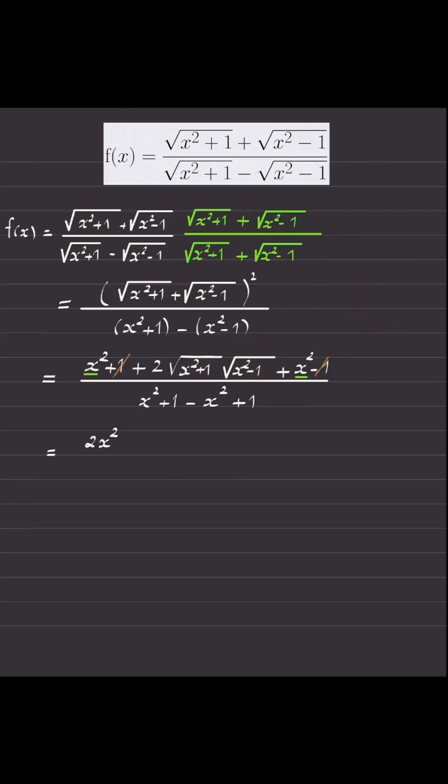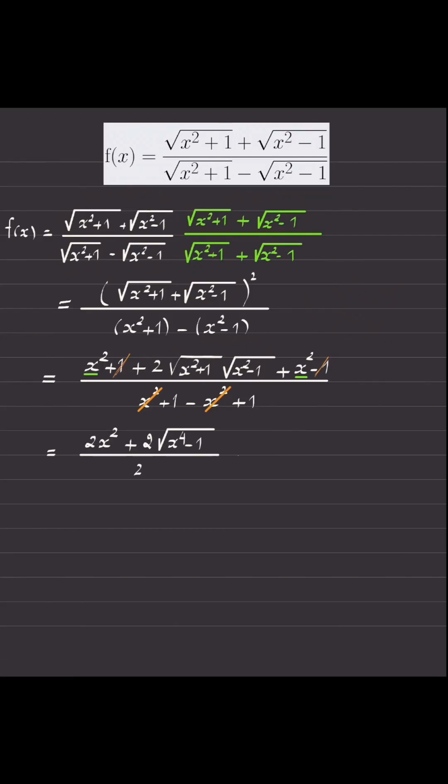Okay, so I will simplify things a little bit. So this becomes plus 2 square root of x to the power of 4 minus 1, and in the denominator x squared and x squared are now cancelled, and then 1 plus 1 simply becomes 2.